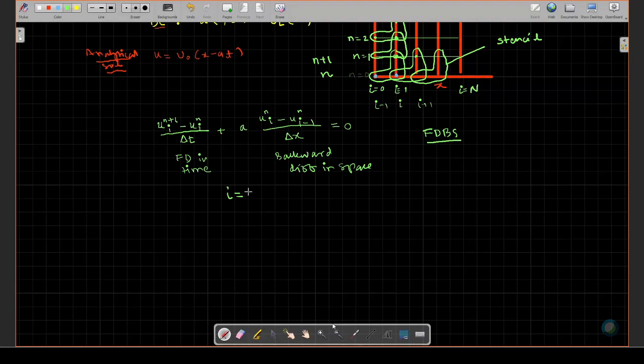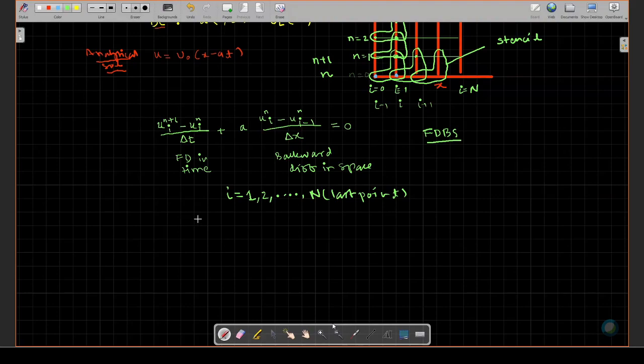So it is only for i equals 1 to the last point. N means last point. So this whole expression can run from i equals 1 to N, and you can get the expression.